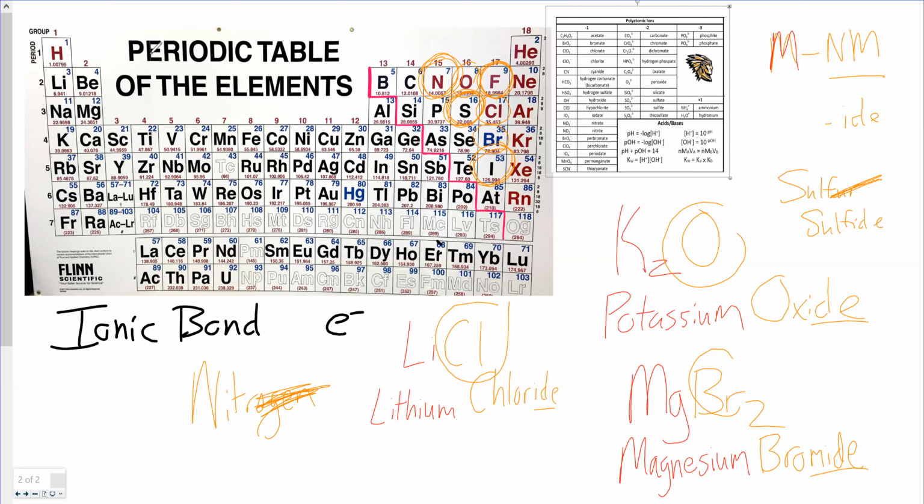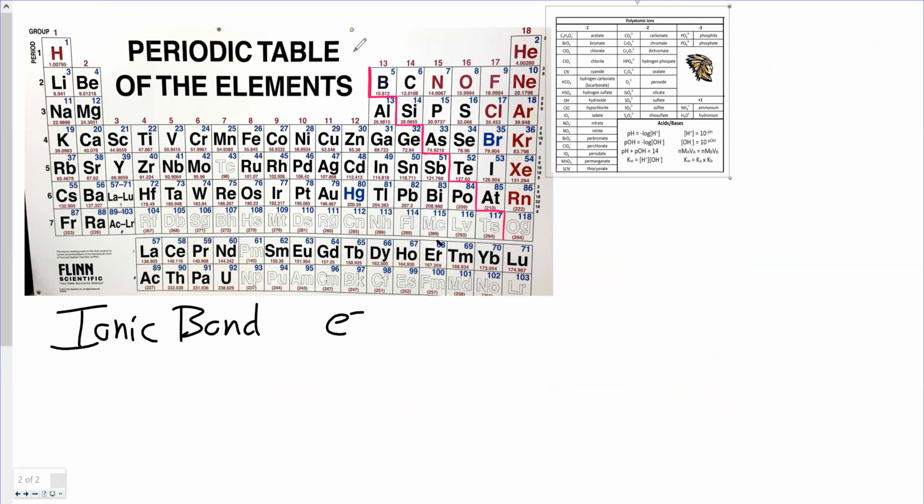All right, so now let's talk about how to write formulas and then we'll do some practice. So now if we're writing a formula for something, so for instance, let's figure out why I wrote LiCl for lithium chloride.